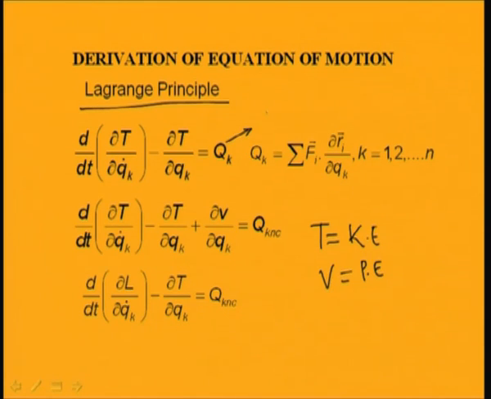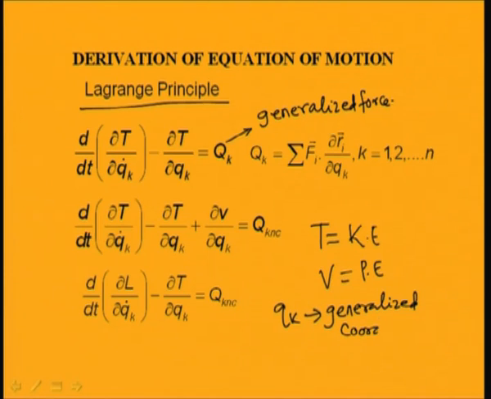where this capital Q k is known as the generalized force, and the small q k is the generalized coordinate. Already you know, in case of this double pendulum, theta 1 and theta 2 are the generalized coordinates.